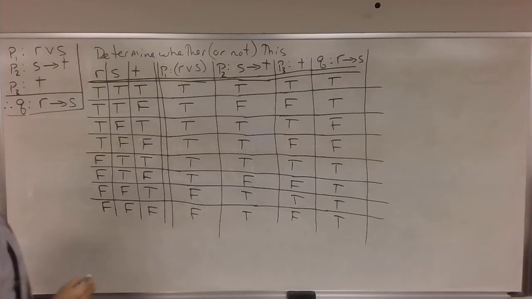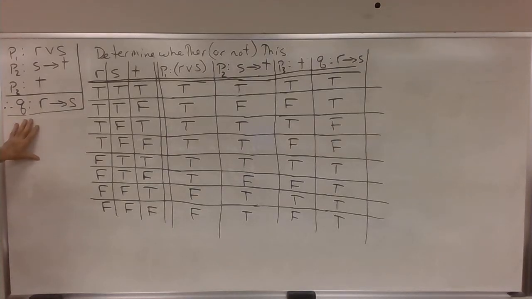Now I think we have just about everything done. The only thing that we haven't done is our argument itself. We have the truth values for each of the premises and the truth values for our conclusion.